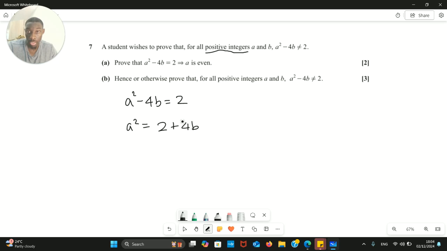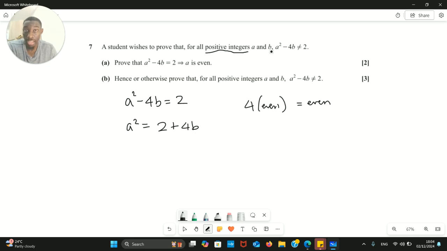Now, I know that b is a positive integer, so any number that is a positive integer, of course, 4 times that number is going to give me an even number. So now I have an even plus an even.